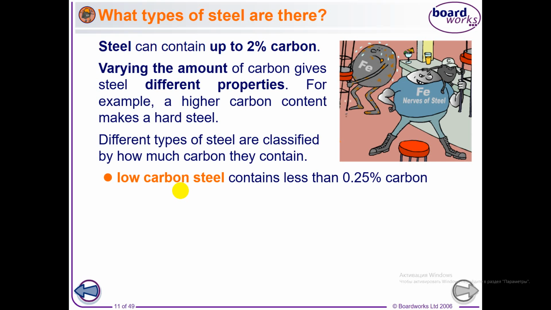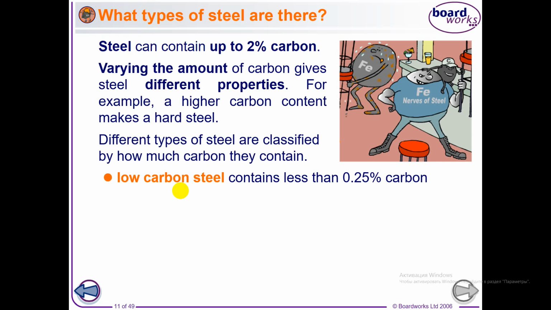At failure, they stretch up to a quarter of their original length. That 100 millimeter sample will stretch to 125 millimeter at failure.